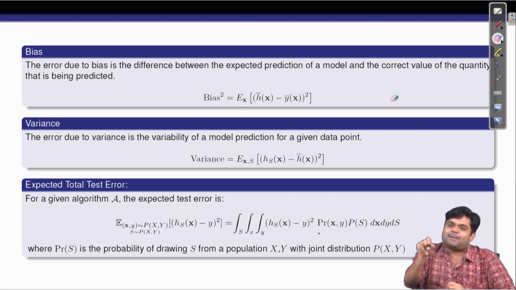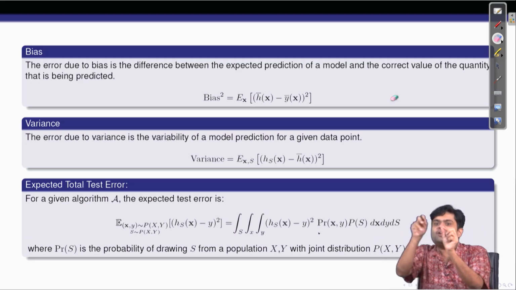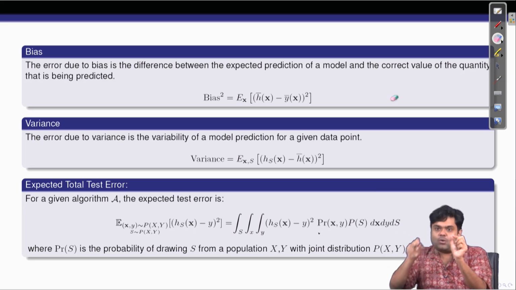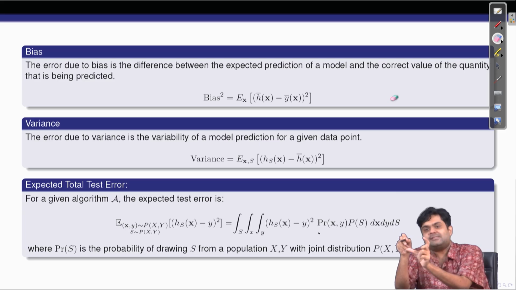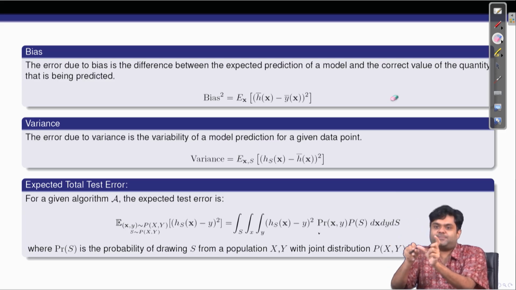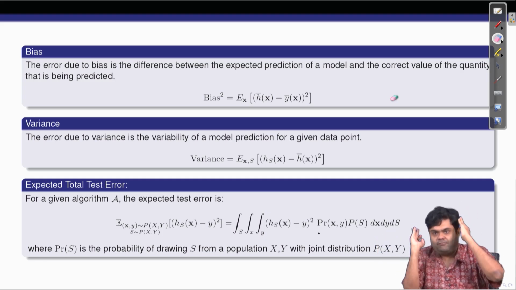For every sample, it touches one of the points in the search space. Just take the points which are potentially touched by the samples. Bias is the difference between the center of that data cloud and the actual center of the population. And variance is the spread of whichever points in the search space are touched by the algorithm for various samples. That spread is your variance.